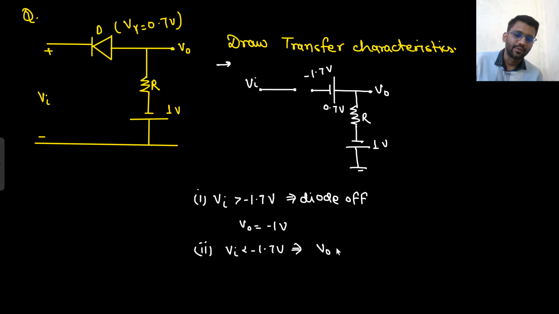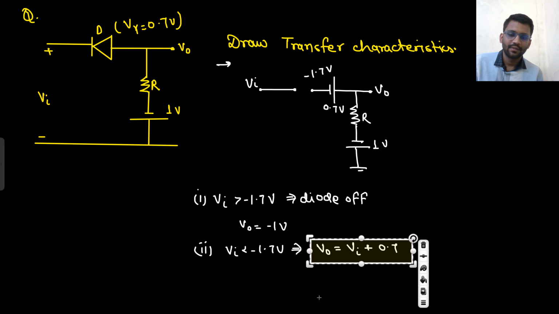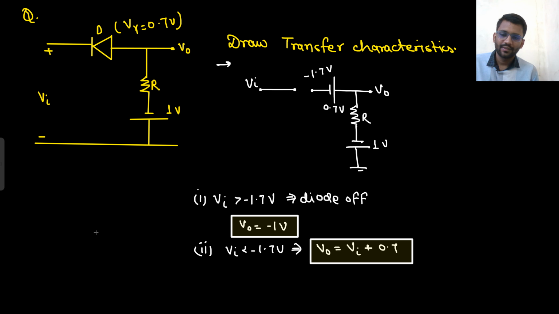So what will be your V naught? This diode will be on, so V naught will be equal to V in plus 0.7, right? V in plus 0.7. Okay. What is our transition point?